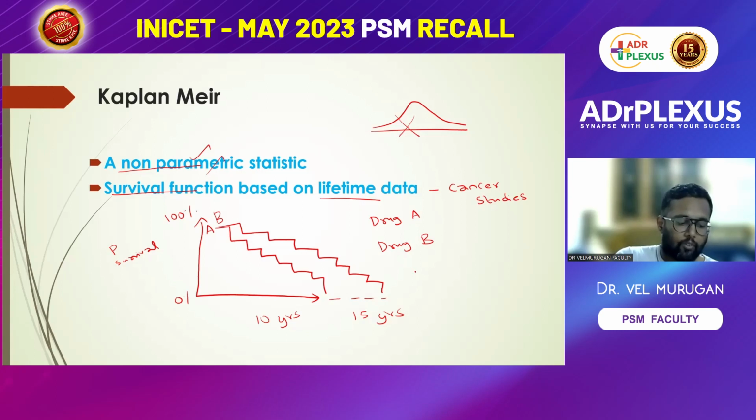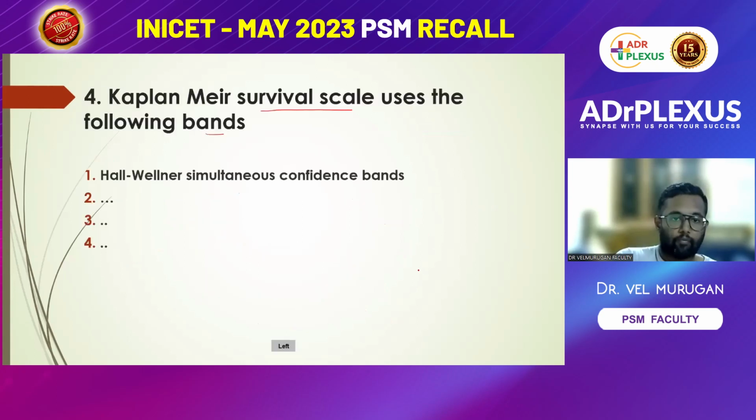Now coming back to the question, it uses the following bands. What they are saying is they are using something called a band to denote, maybe at 3 years after giving the drug, what is his chance of survival?